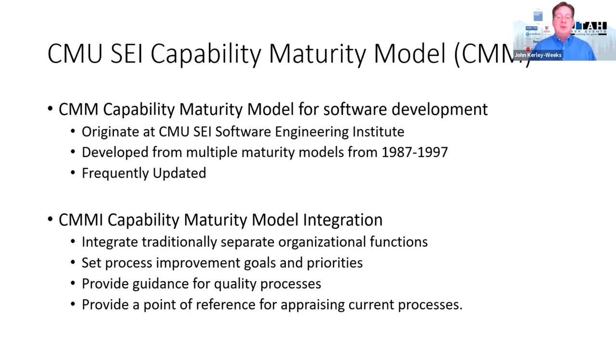That was developed using multiple maturity models, combining them together from 1987 to 97 to produce a fantastic capability maturity model for software development that's frequently updated and used by a lot of organizations.